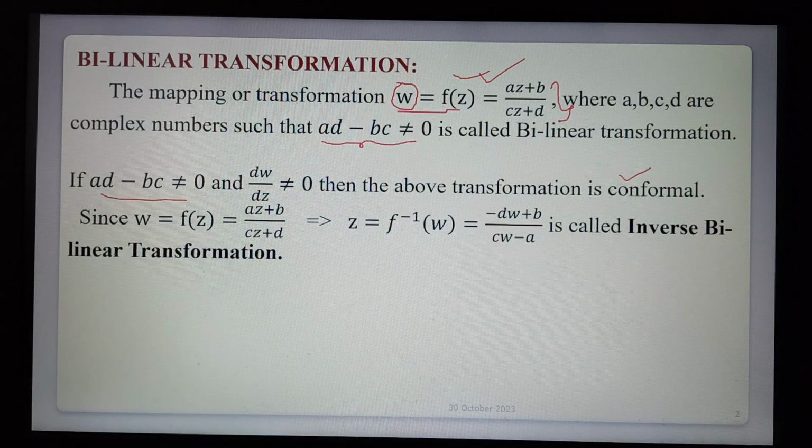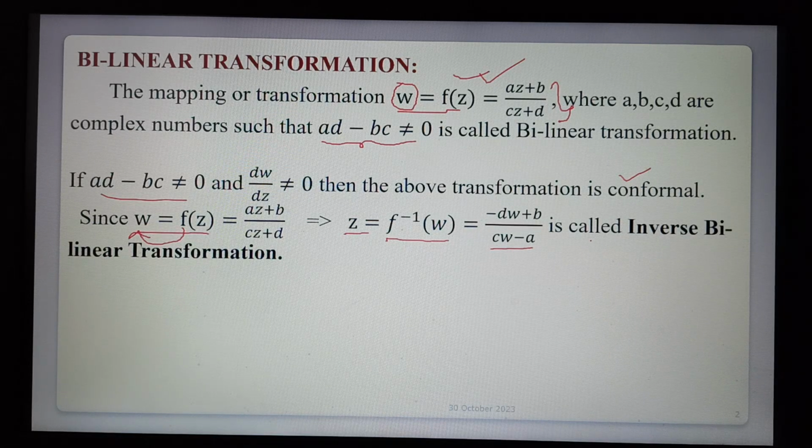Since w = f(z) = (az + b)/(cz + d), take the inverse. w is a function of z, so now we find z as a function of w, that is z = f inverse of w. Interchanging and simplifying to find z in terms of w, we get z = (−dw + b)/(cw − a).